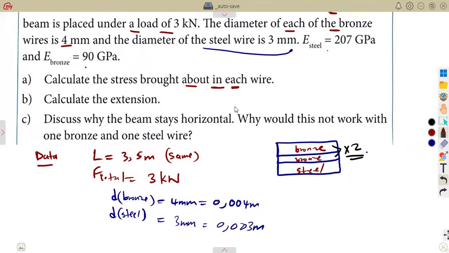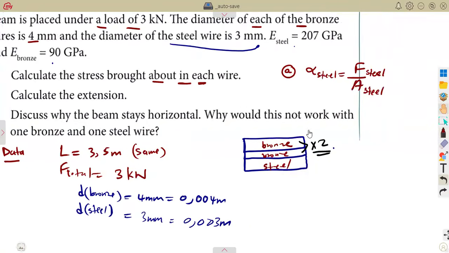Just like the previous case, as we saw previously, the stress in each wire, if you're considering the steel, is the force over the area: the force of steel over the area of steel.